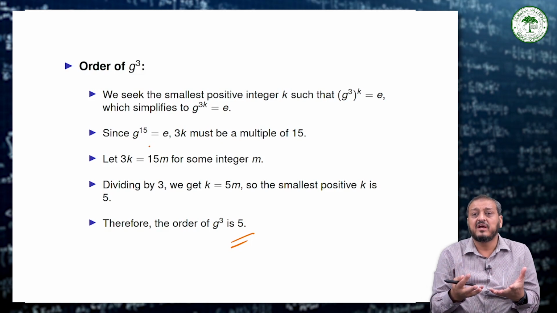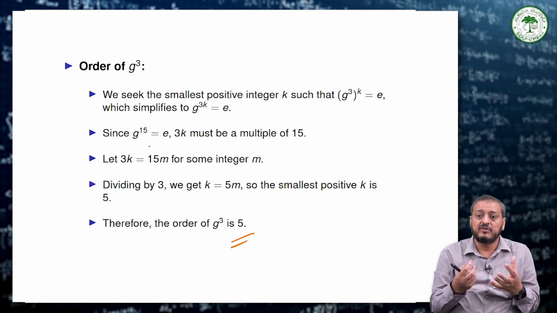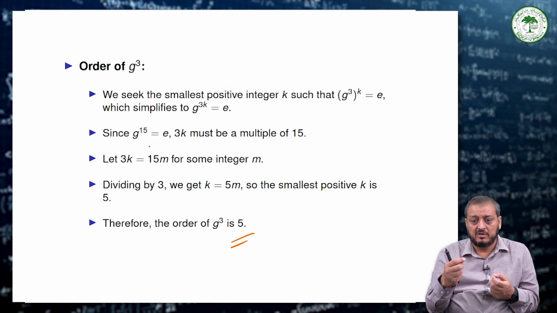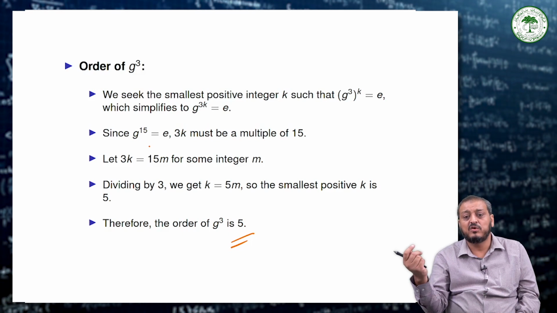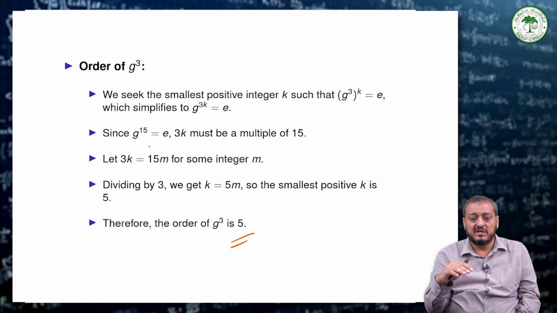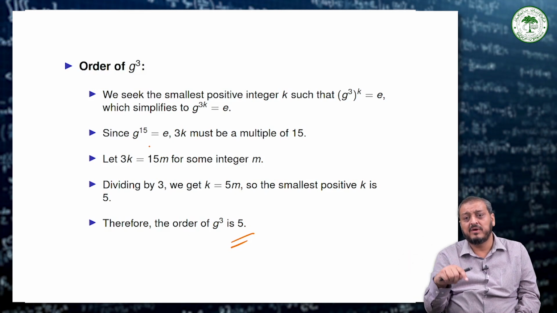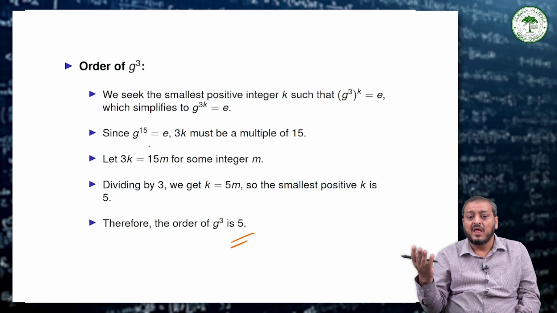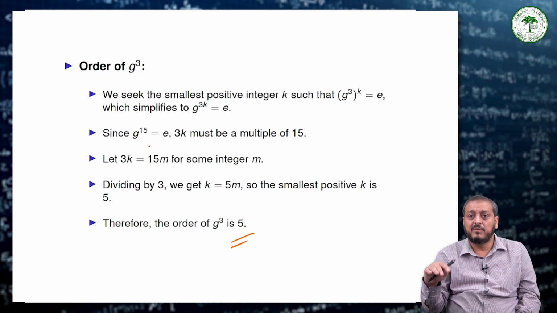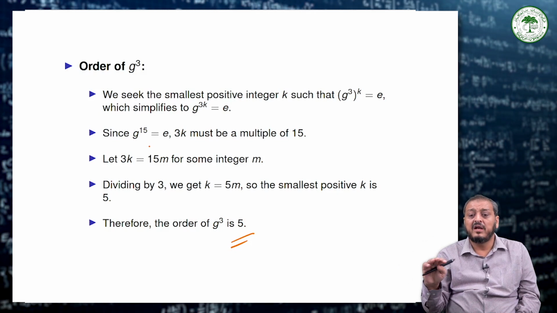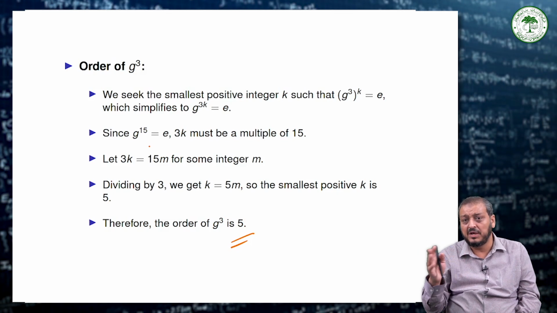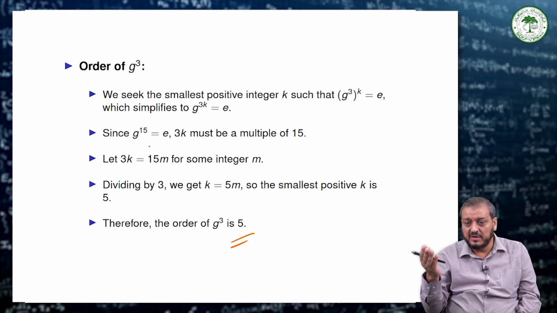The definition says that we have to find the smallest positive integer k such that (g^3)^k is equal to identity. So, g^(3k) is equal to identity, and since the order of g is 15, 3k must be a multiple of 15, because by the theorem g^n is equal to identity exactly when the order divides n.